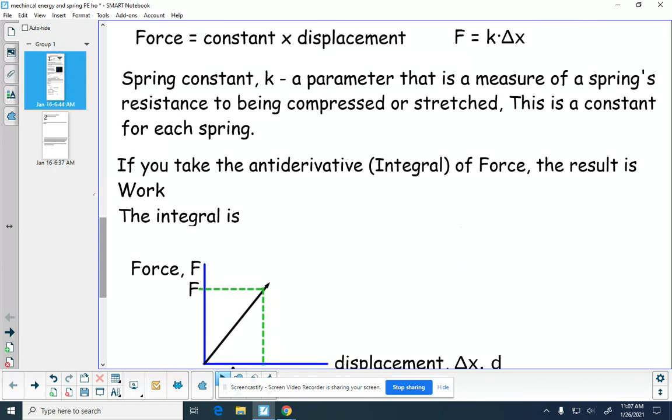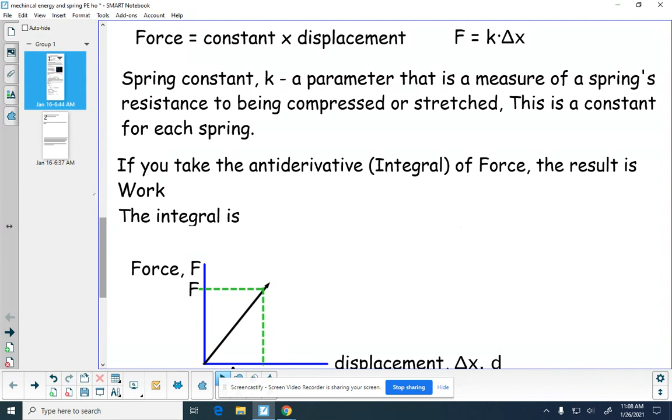And things that we will get into in calculus: there's a direct connection between calculus and physics. Calculus was developed to be a mathematical explanation of physics.